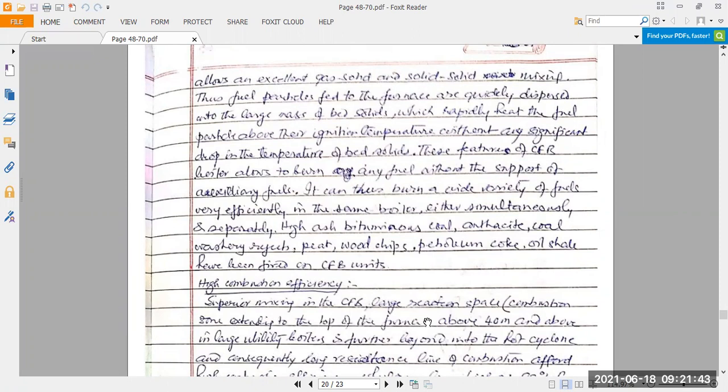The reaction space means the combustion space, the volume of the furnace where combustion takes place, which is an important area because it depends on the capacity of the furnace itself.